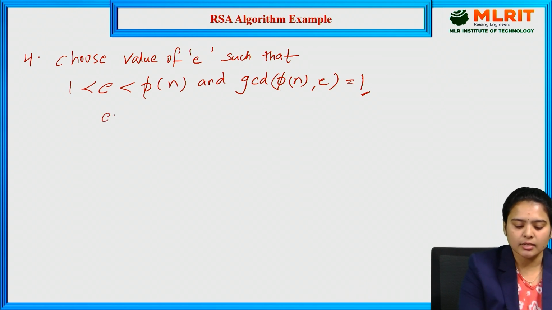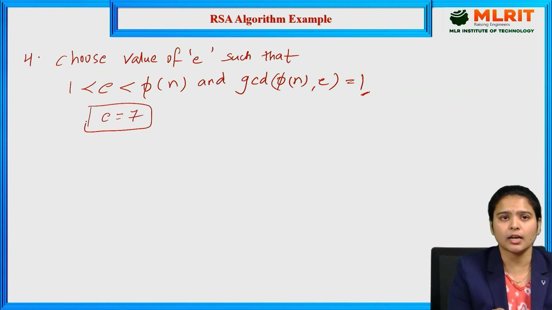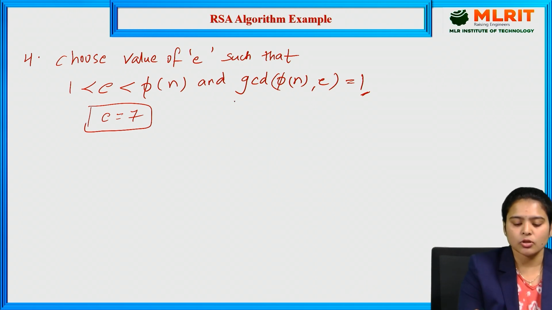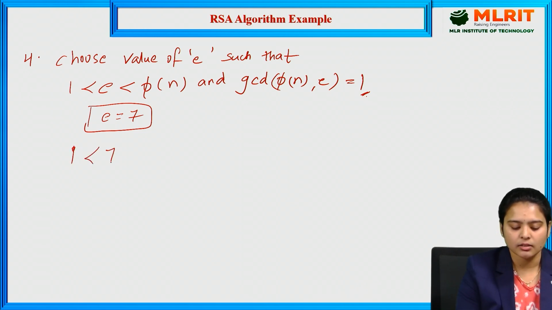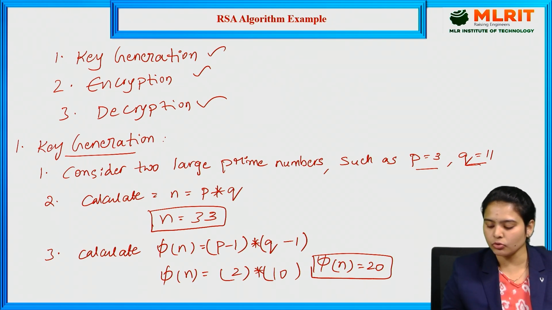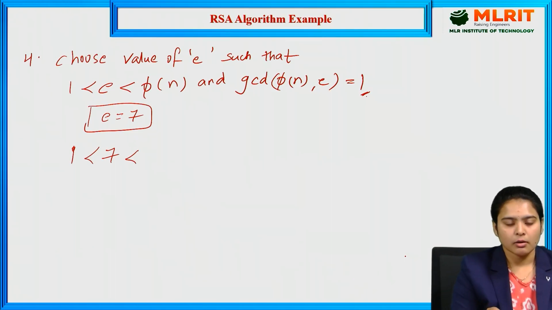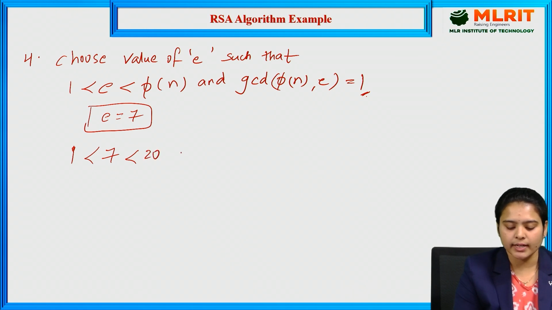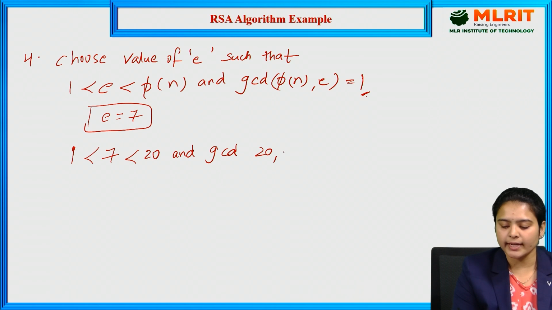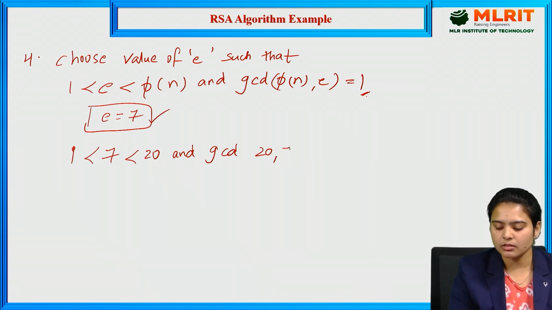I am taking the value of E equals 7. We need to check from E equals 1 up to E equals 7. So 1 is less than 7, which is less than phi of N, and we already know phi of N is 20.